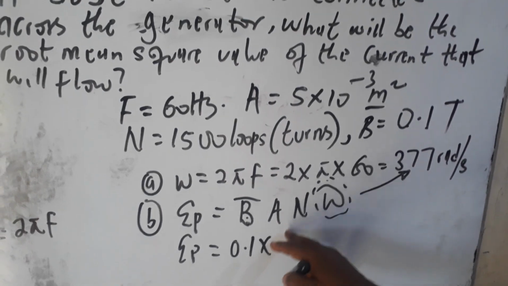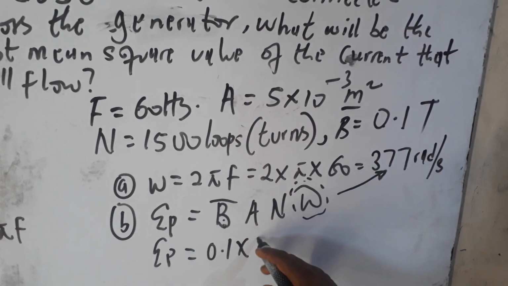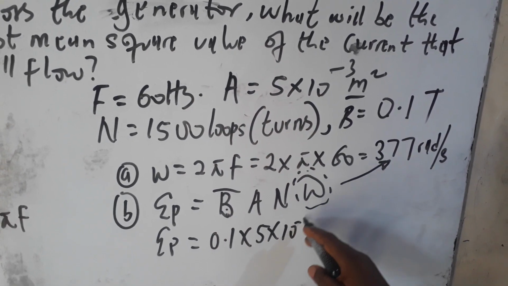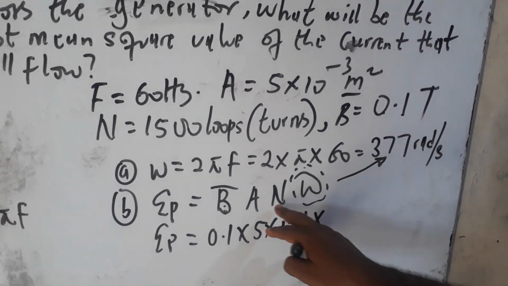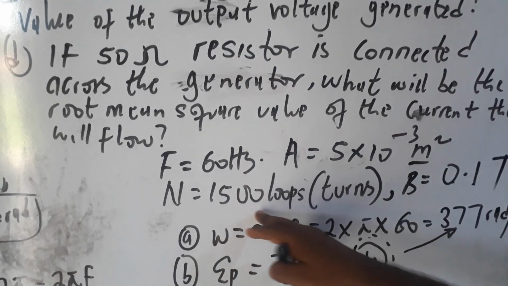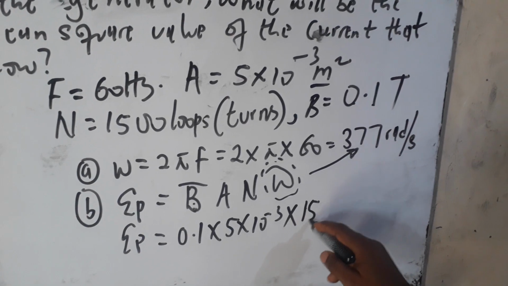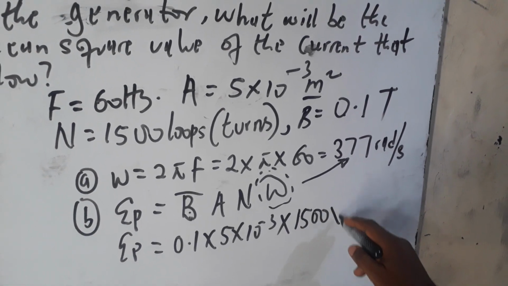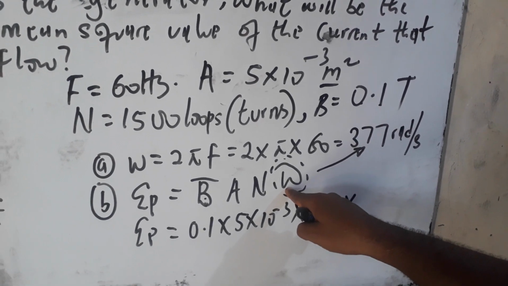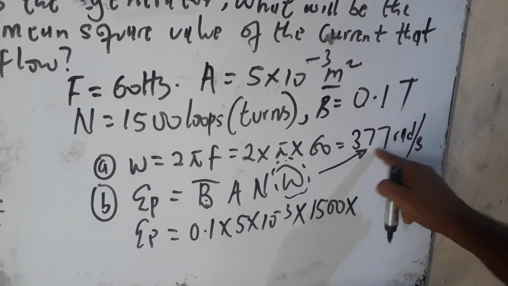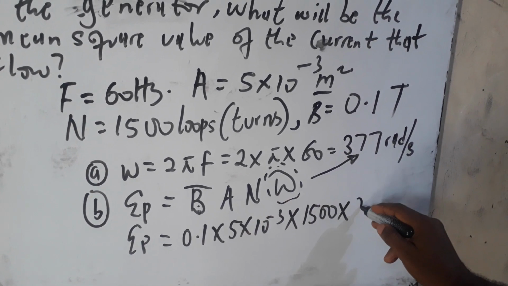Then times surface area. The surface area is this. I put it there, times 10 raised to the power minus 3. Then times number of turns. The number of turns is 1,500 loops. So times 1,500. Then times angular speed or angular velocity, which is 377.